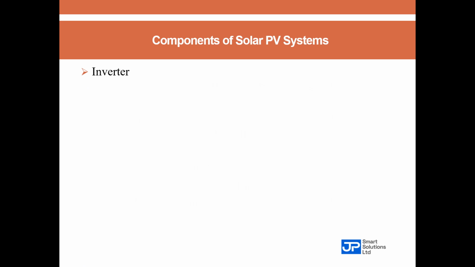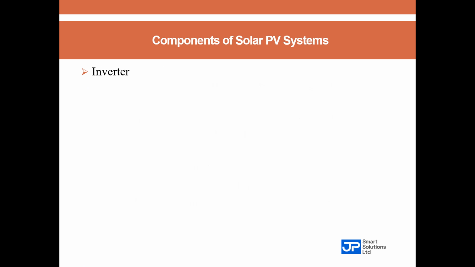So the function of the inverter is basically to convert your DC electricity to AC electricity, be it during the day or during the night. At night, the battery supplies DC to the inverter, which converts it to AC and sends to your appliances. During the day, the solar panel supplies DC to your inverter, and the inverter converts to AC and supplies to your appliances.